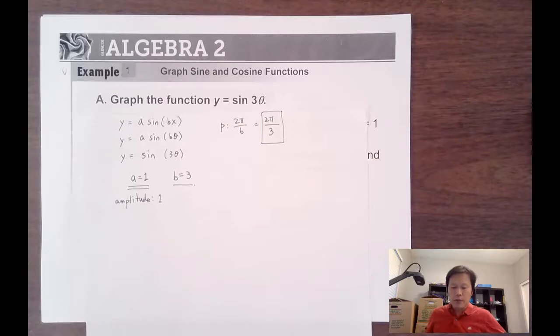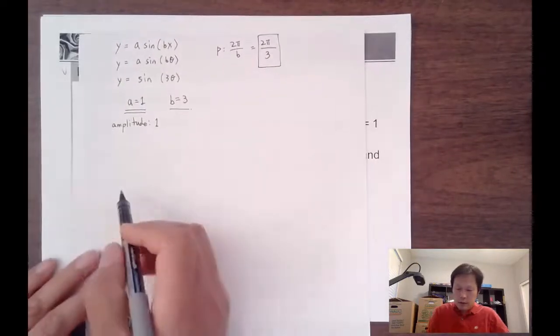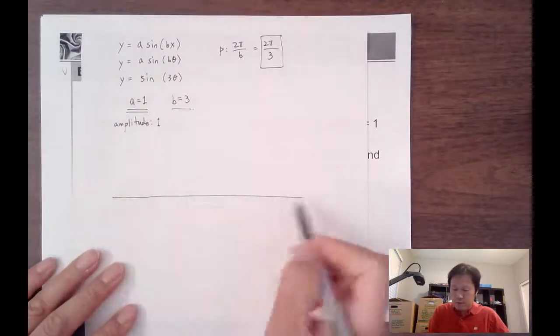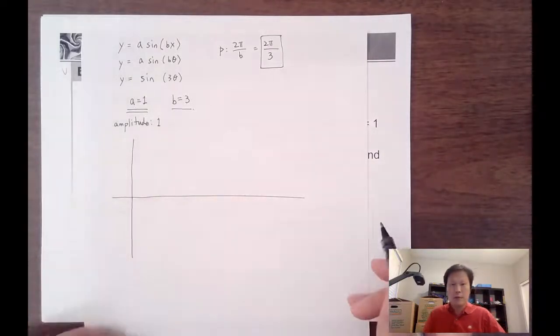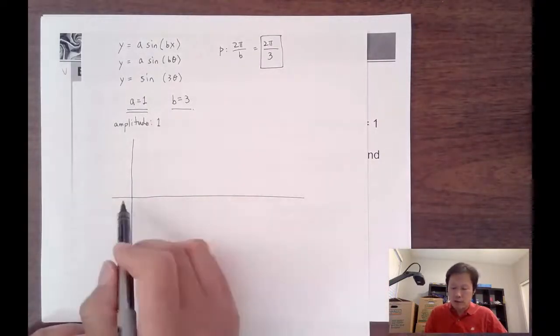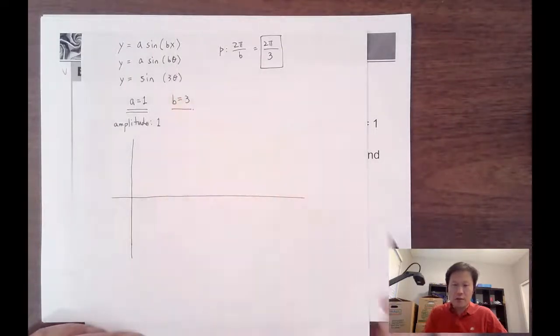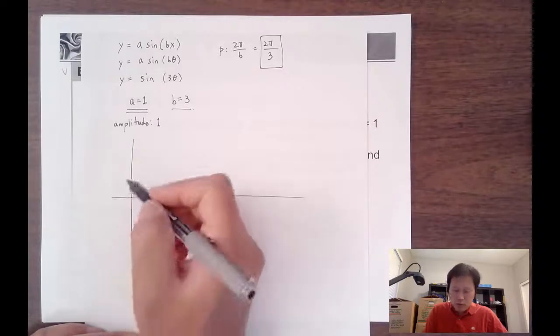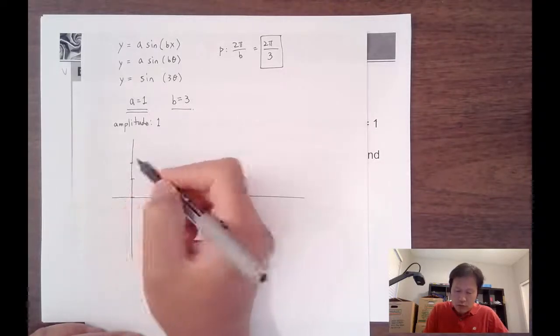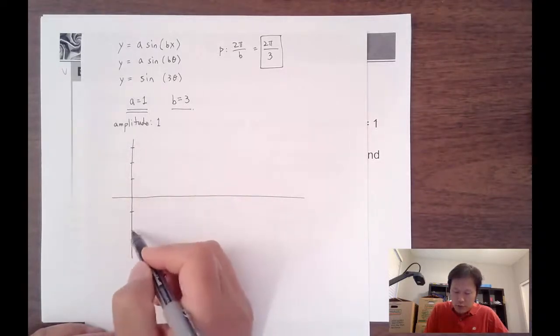So how do we graph this? You will put the x-axis and y-axis. In this case, this is going to be the theta axis. And you will need 1, 2, 3, 1, 2, 3.